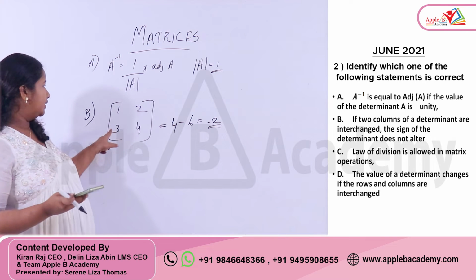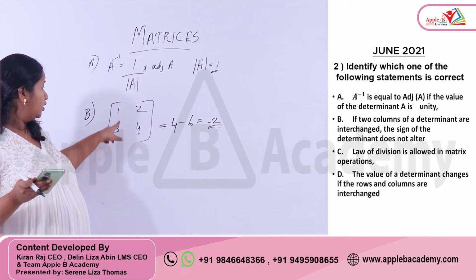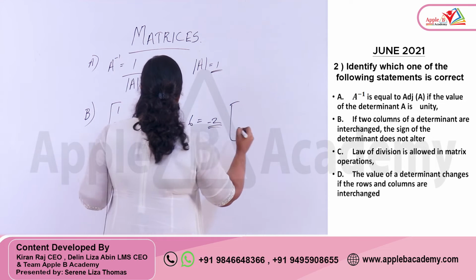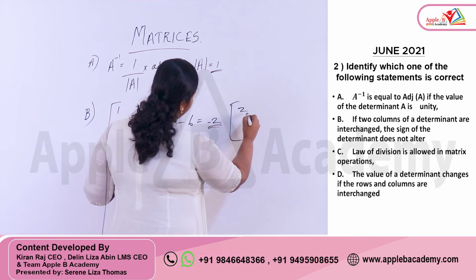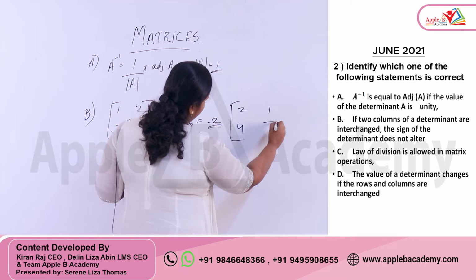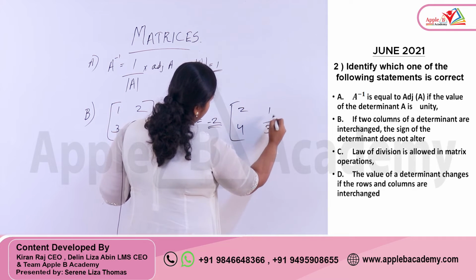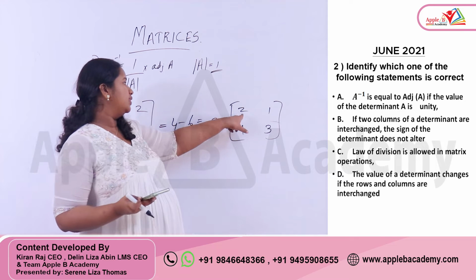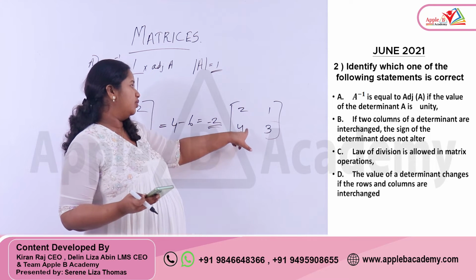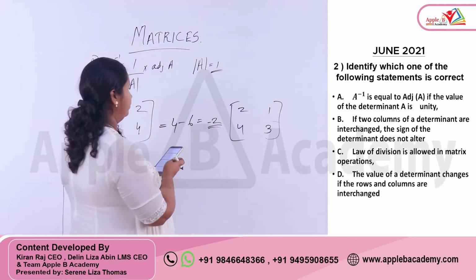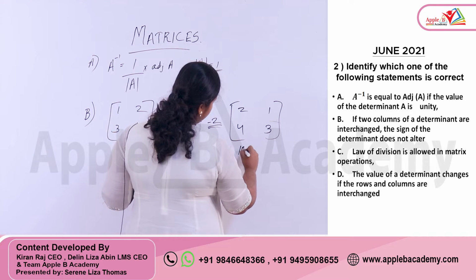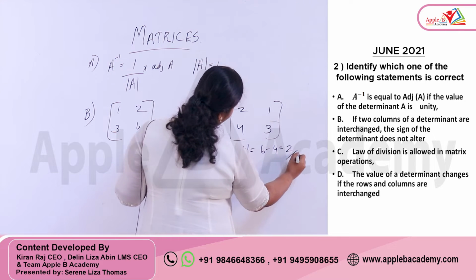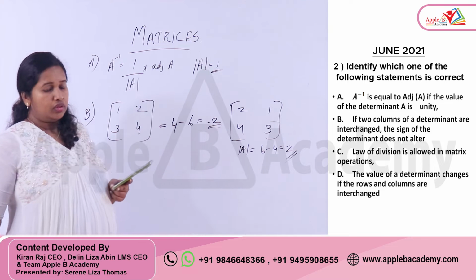So, this is minus 2. Now, we will interchange the columns. So, we have 2, 4 and 1, 3. So, this is 3 into 2, 6 minus 4. So, determinant is 6 minus 4, which is positive 2.